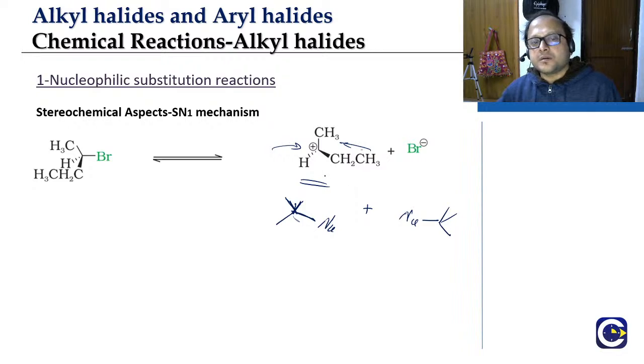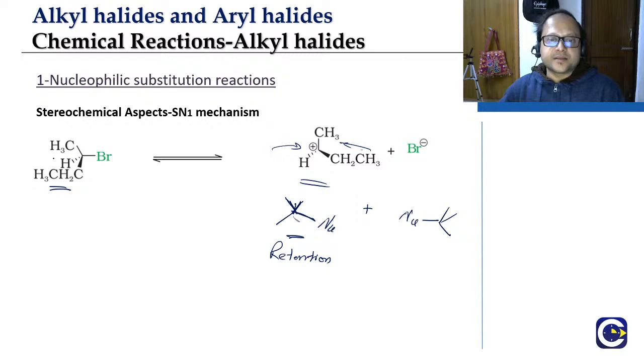So right now you see, as far as this is concerned, it's the same thing. So there is retention, and in this case it is exactly opposite the way it was present initially. This is your inversion, right?